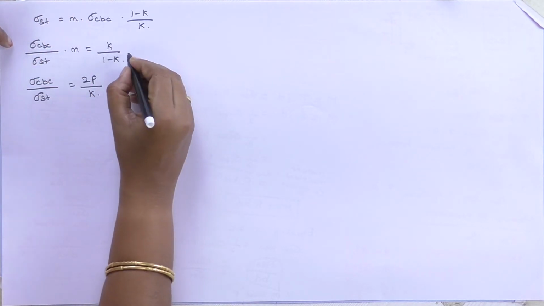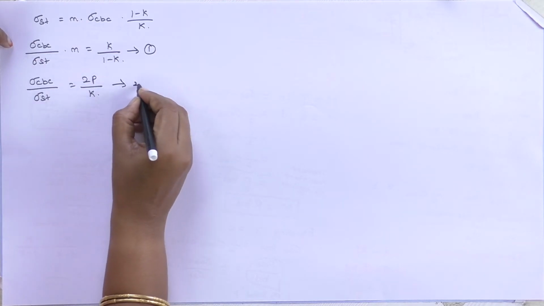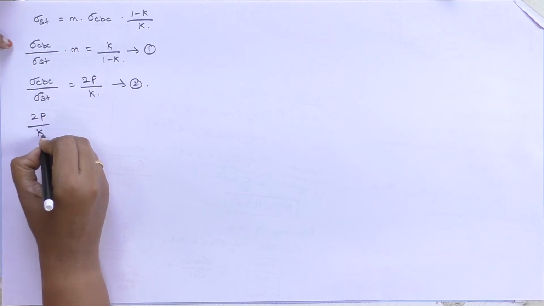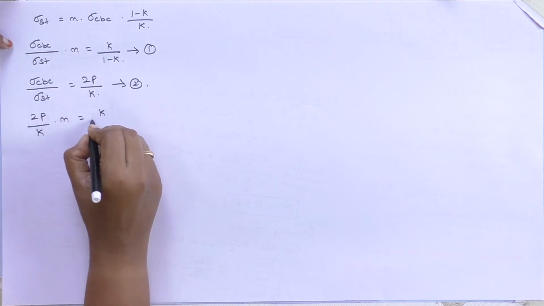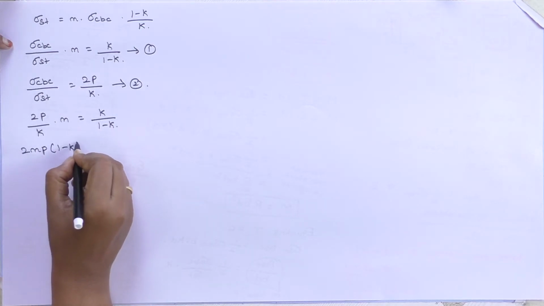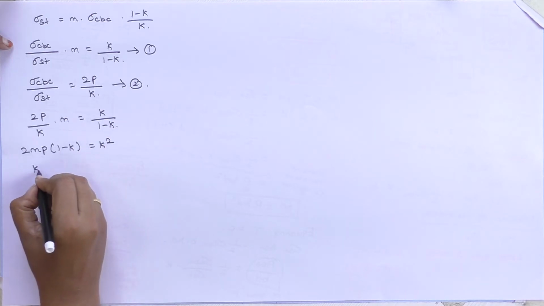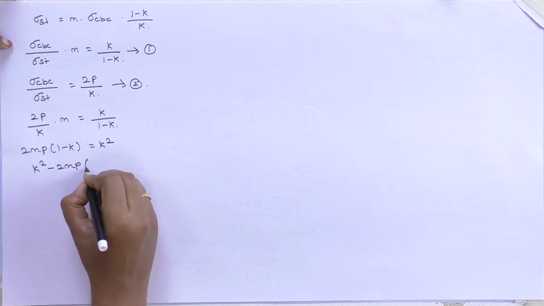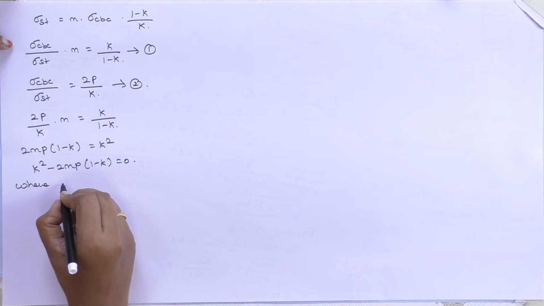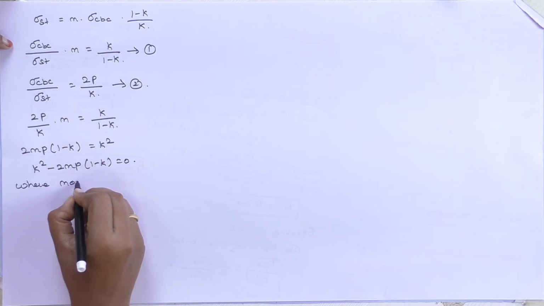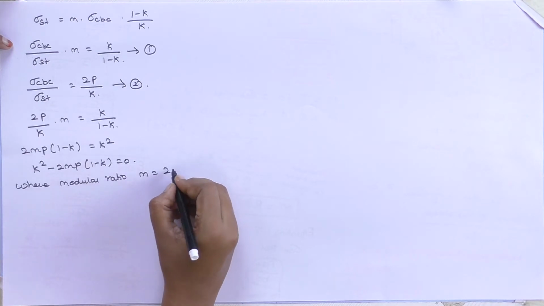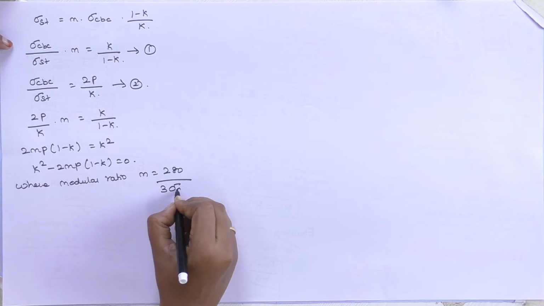Now we can equate this equation 1 to the equation 2. 2P divided by K into M is equal to K divided by 1 minus K. 2mp into 1 minus k is equal to k square, that is k square minus 2mp into 1 minus k is equal to 0, where we have the known equation for modular ratio. M is equal to 280 divided by 3 sigma CBC.